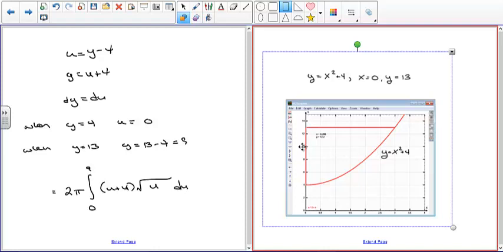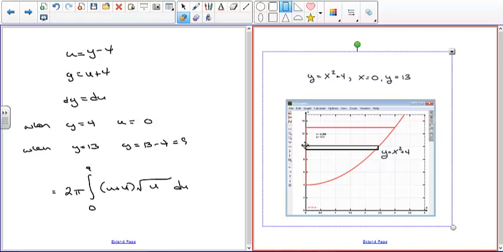So it's horizontal, and so it's going to look like this, because if I had it the other orientation this way, I'd make a shell, but by orienting it this way, it becomes a disk.